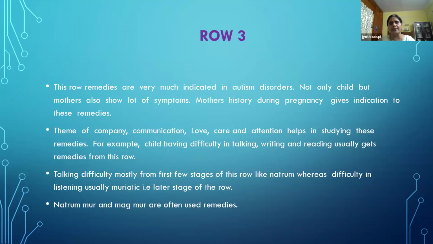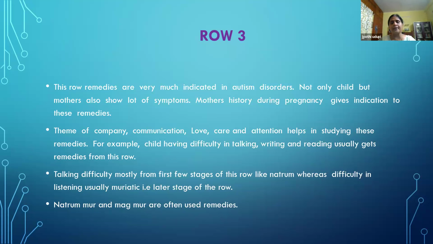Row 3 remedies are very much indicated in autism disorders. Not only the child, but mothers also show a lot of symptoms. The mother's history during pregnancy gives indication to these remedies. The theme of company, communication, love, care, attention helps in studying these remedies. For example, a child having difficulty in talking, writing, and reading usually gets remedies from this row.